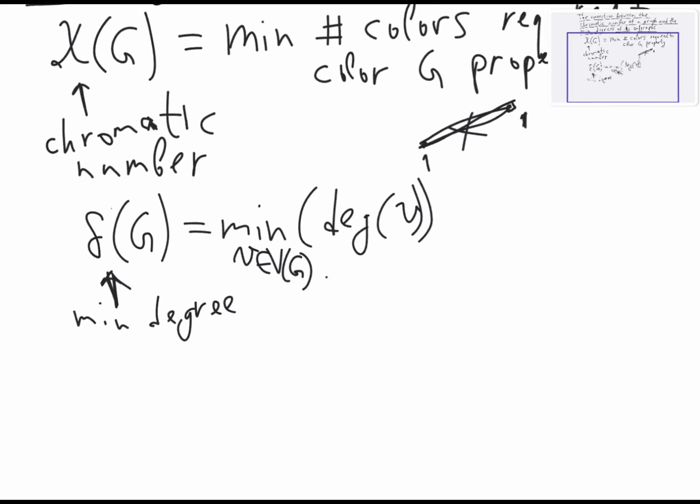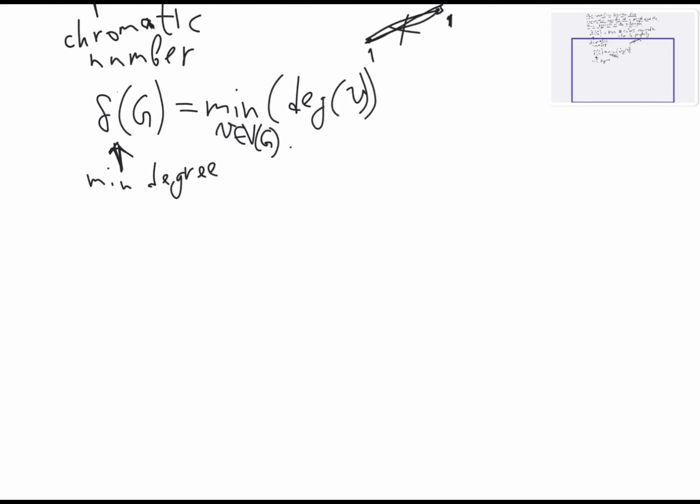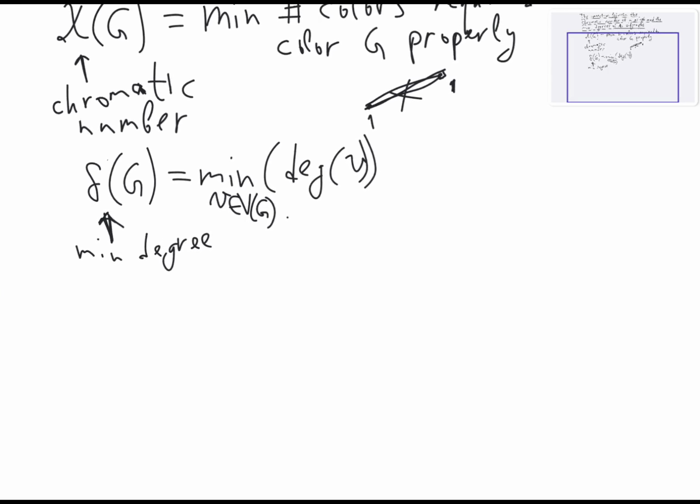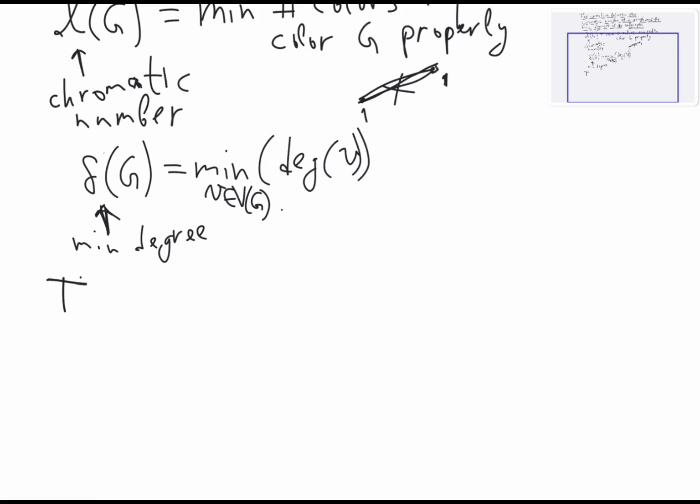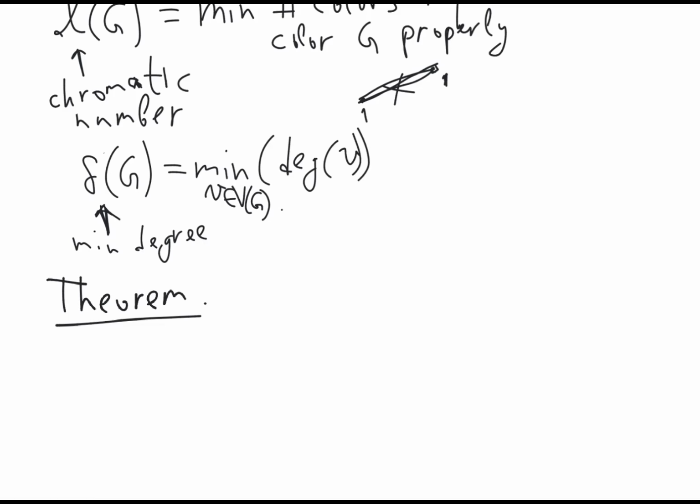The main theorem that I'm going to prove is that for every graph G there is a subgraph H of G such that the following properties hold.